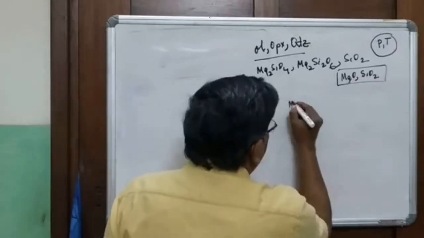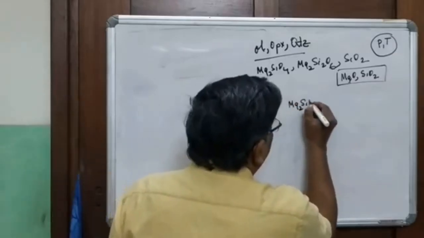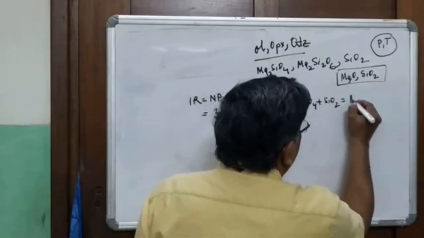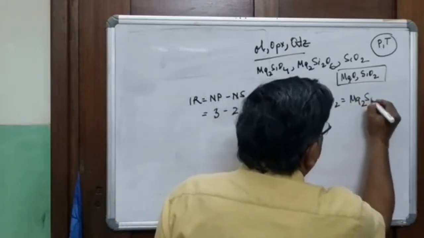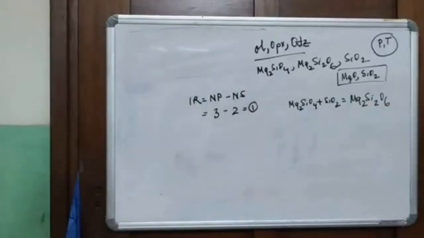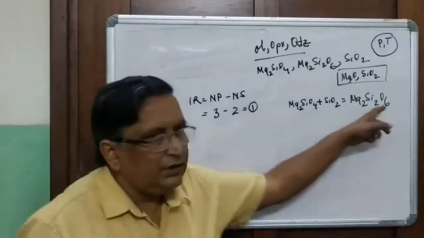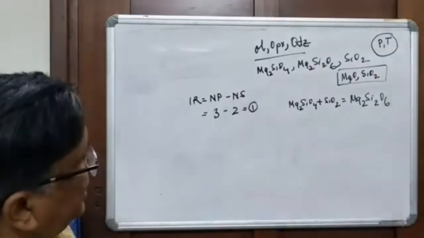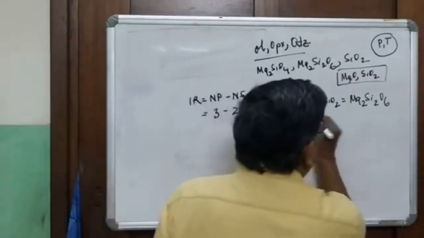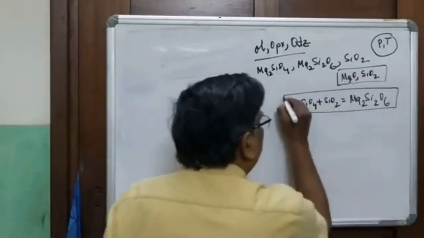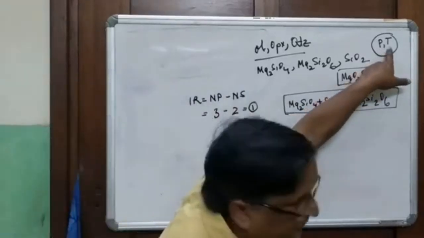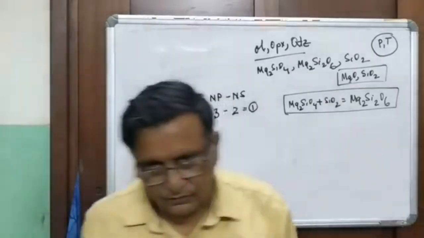You can see here, Mg2SiO4 plus SiO2 is equal to Mg2Si2O6. That's the equation that you get. You will have only one reaction, and this is the reaction. Okay? So now, we have two metamorphic variables, but one reaction.